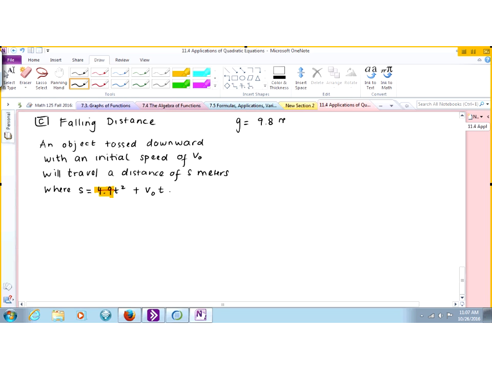The gravity is 9.8 meters per second squared. Yeah. The gravity of Earth, the acceleration, is 9.8 meters per second squared. That's the acceleration, the gravity. Yeah. This is half of it. So half of the gravity, 4.9 t squared plus v0 t. All right. Yes, no? Okay.